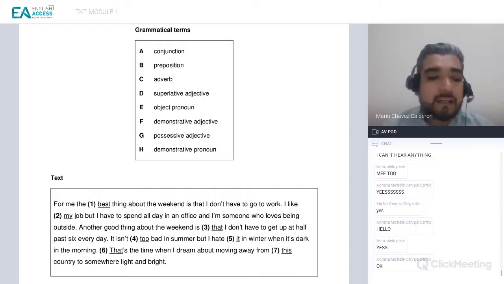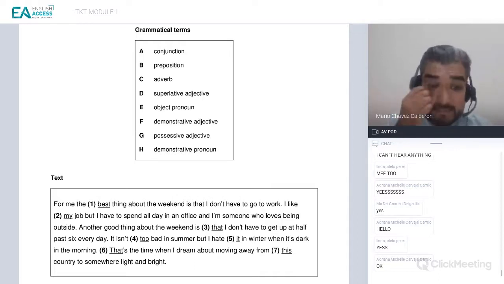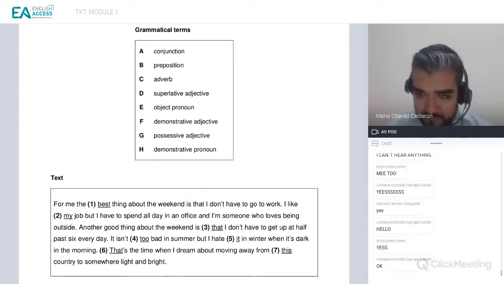When it's dark in the morning, that's the time. In this case, I'm sorry, my mistake, ladies. The number 3 was a demonstrative adjective. I said F. Number 6 is letter H, demonstrative pronoun.